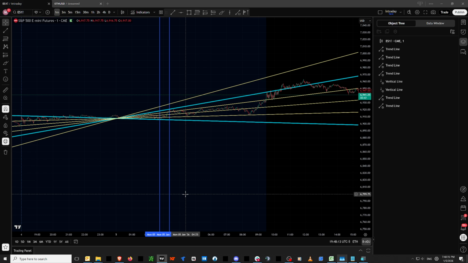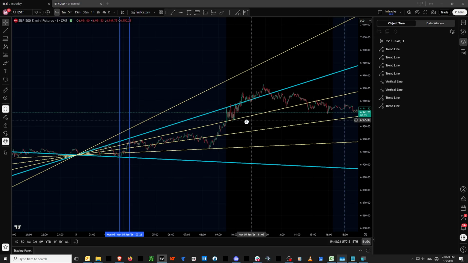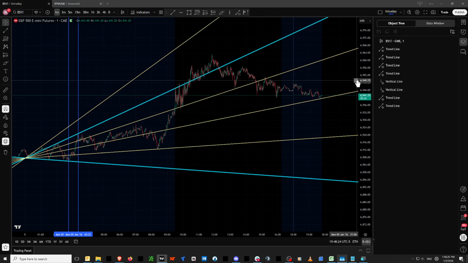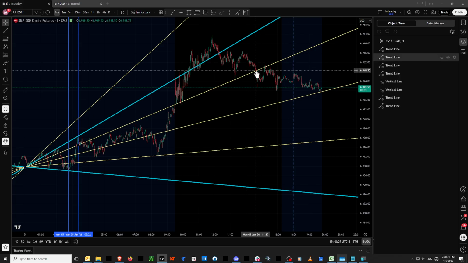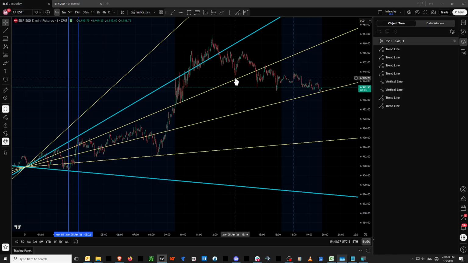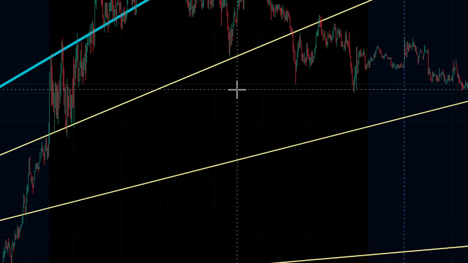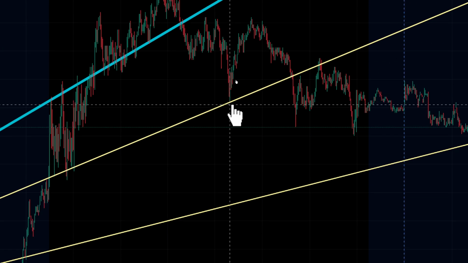Now, understand, fan lines are not necessarily, you can trade on a fan line if you thought. Here's the thing though. The thing to understand, this is a blessing and a curse. Let's say when you saw this coming down, you wanted to go long on this candle. Let's just zoom in on that. Let's say you wanted to go long right here. So it touched the line and you went long.